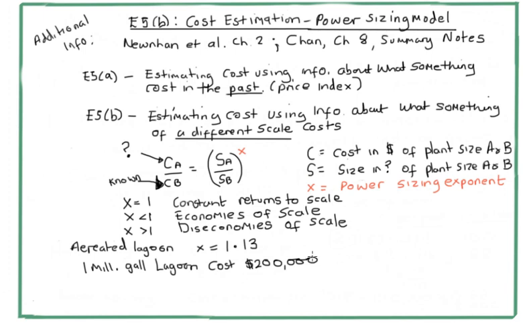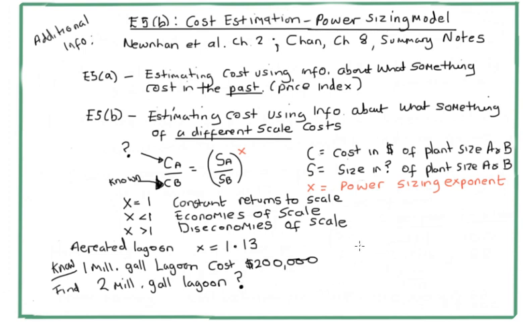This is something we know, you would be given this in the question, and what we would like to know is what it would cost to have a 2 million gallon lagoon. We're going to use the information from the power sizing exponent and the information we have about a 1 million gallon lagoon to figure out what a 2 million gallon lagoon should cost.